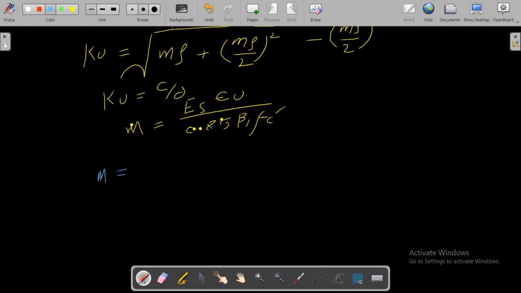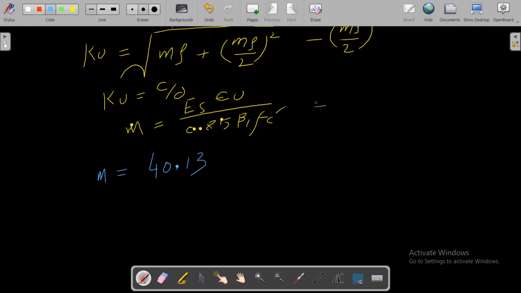We know Es, that is 29,000 ksi, epsilon u, we know this 0.003, beta 1 is 0.85, and fc prime is 3 ksi. So if you plug in all the values and use the calculator, the value of m will be 40.13, right?